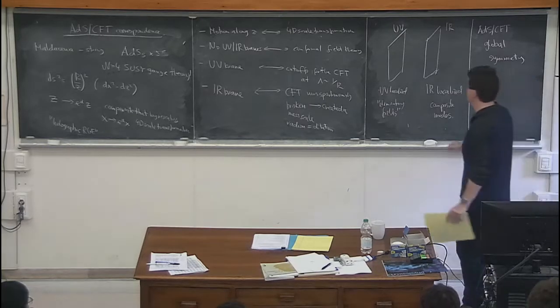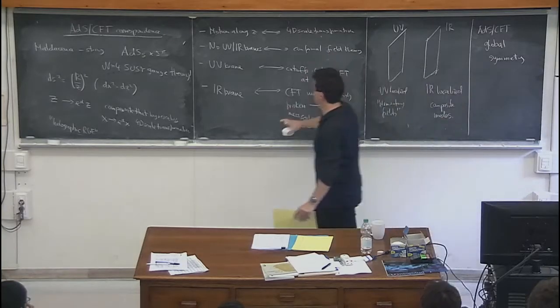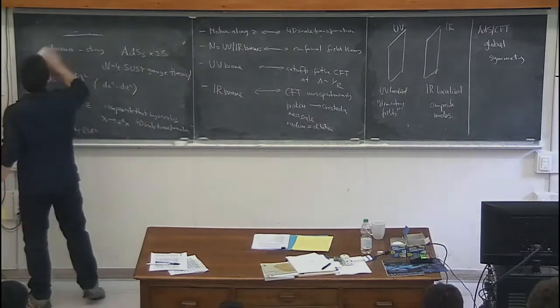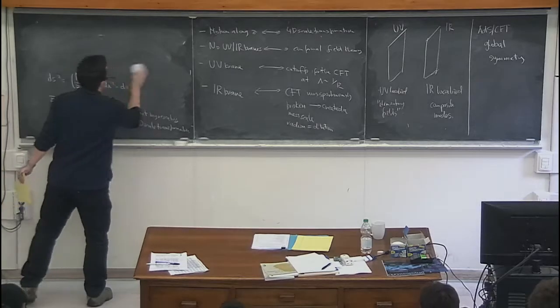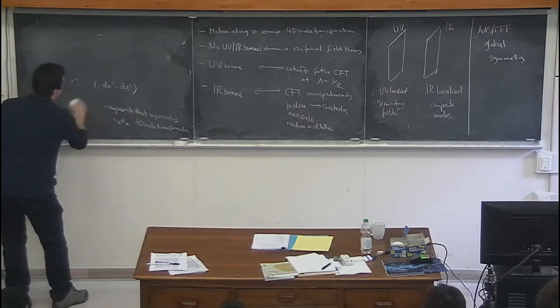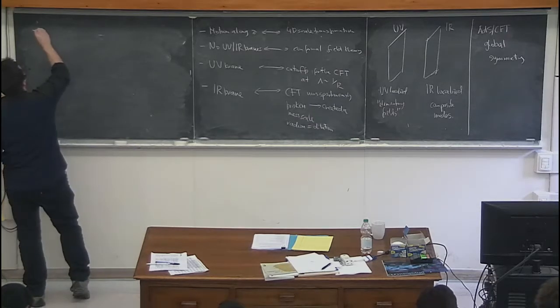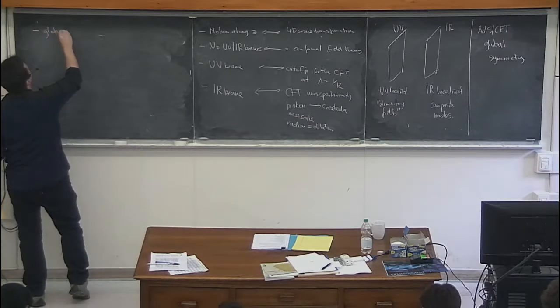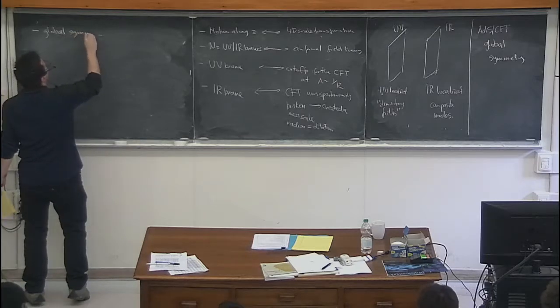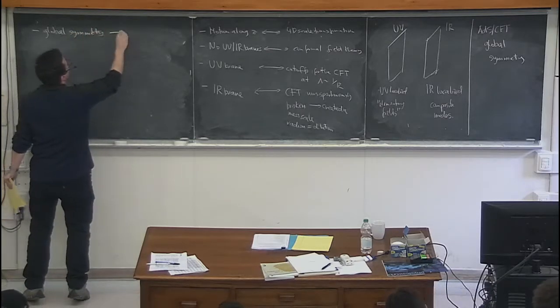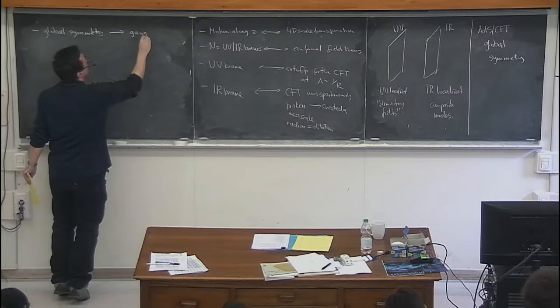Okay, so for Maldacena, let me write the continuation of the correspondence. For Maldacena, the global symmetry was a gauge field in the bulk.